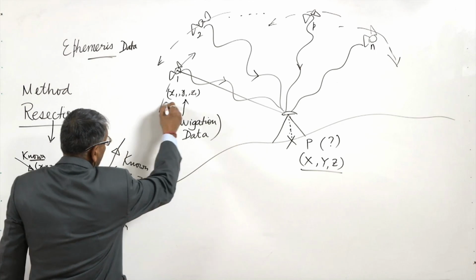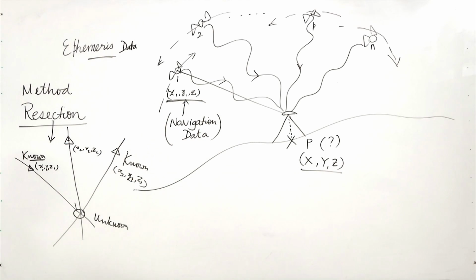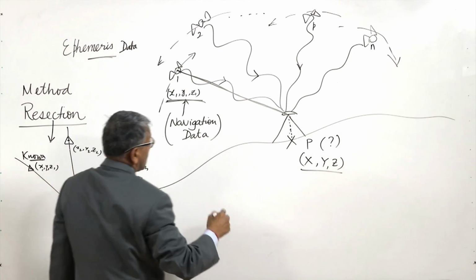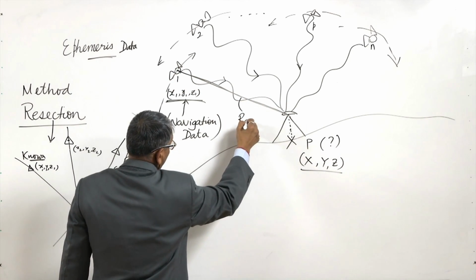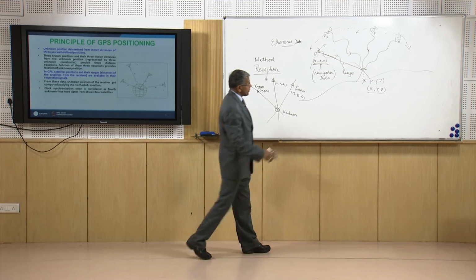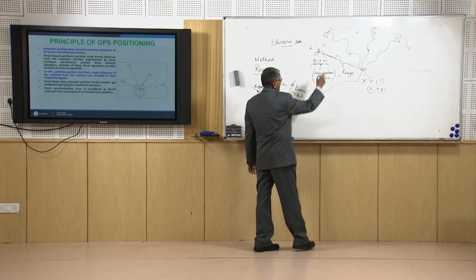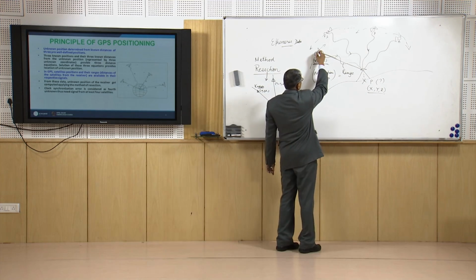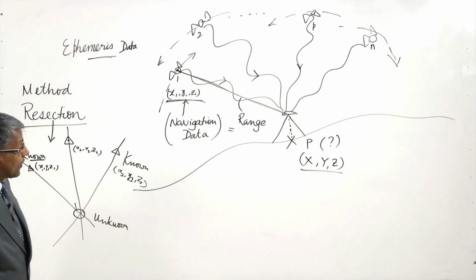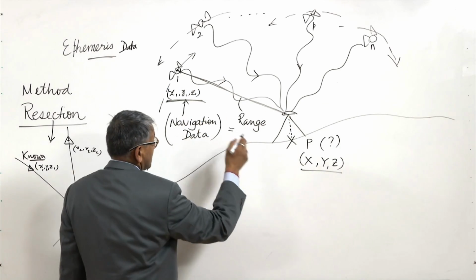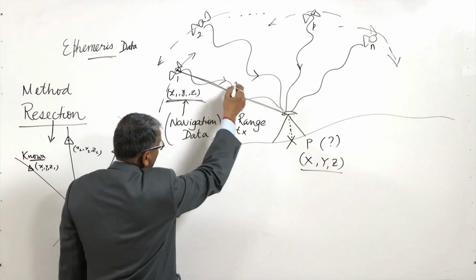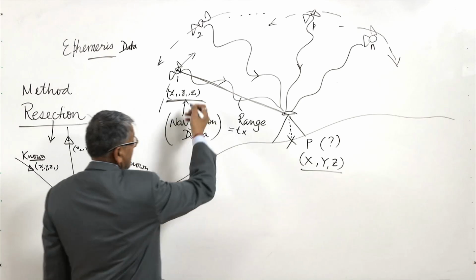Now if this information is known, and this distance, which is called range, we get from the satellite observation by measurement of the time of travel from this point to this point, that is available in the GPS data, and time multiplied by the velocity of propagation of this signal, which is an electromagnetic signal.